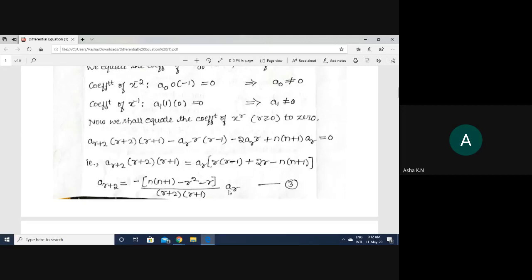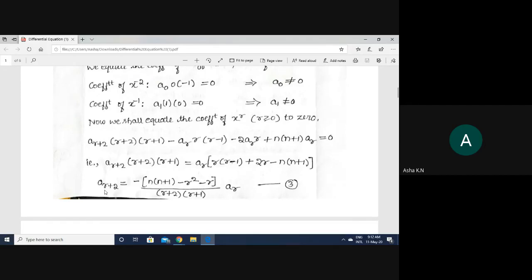We can actually write a1 in terms of a3, but since here we know something about a0 and a1, that they are not equal to 0 when we took the coefficient of x power minus 2 and x power minus 1, we write like this. Always we write the highest suffix terms in terms of the lowest suffix terms. As I said, we can write AR in terms of AR plus 2 also.